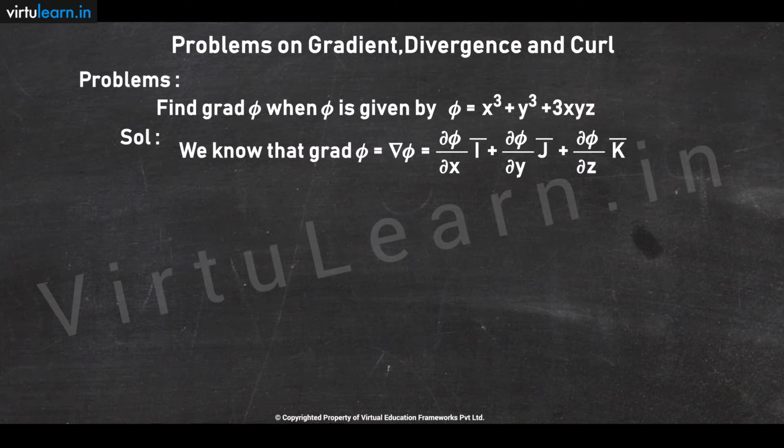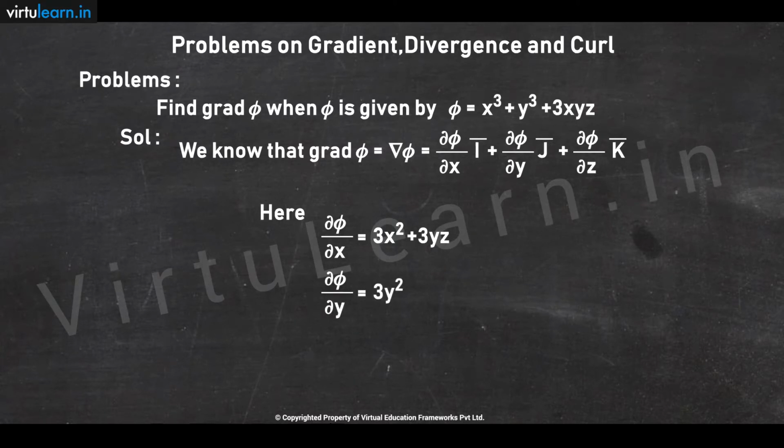We require the partial derivatives of phi with respect to x, y and z. Initially, dou phi by dou x is 3x square plus 3yz. Dou phi by dou y is 3y square plus 3zx.